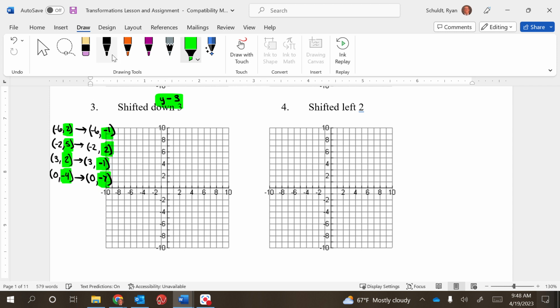The x's stay the same. And then we plot our new points. -6, -1, right here. -2, 2. Positive 3, -1. 0, -7. Then we draw our lines between them.